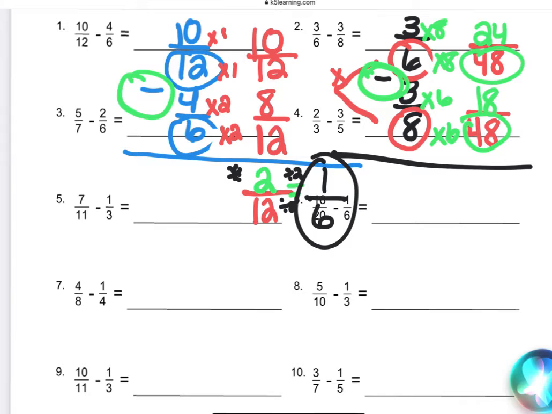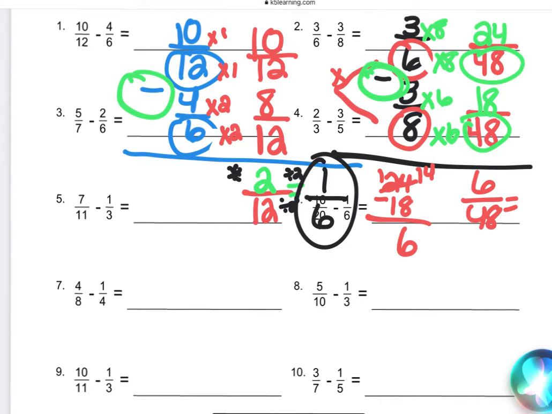It says to subtract. Now, if you don't know what 24 minus 18 is, go over to the side there and work it out. Don't try to do it in your head if you can't. That 4 becomes a 14. That 2 becomes a 1. 14 minus 8 is 6. So I get 6 over 48.